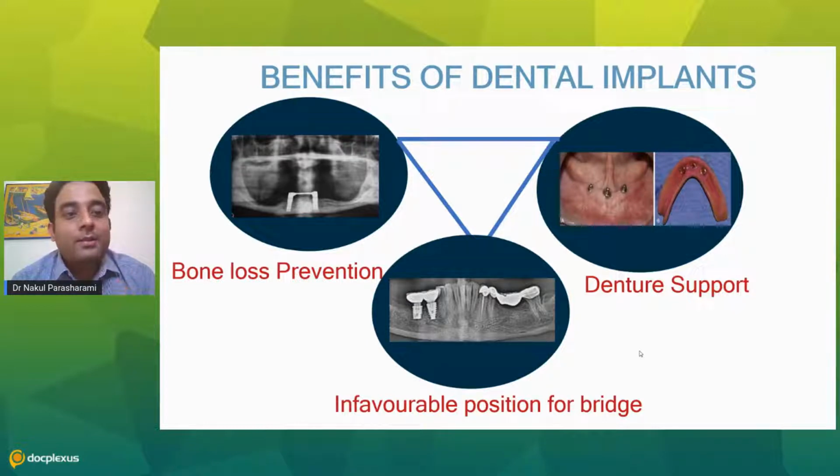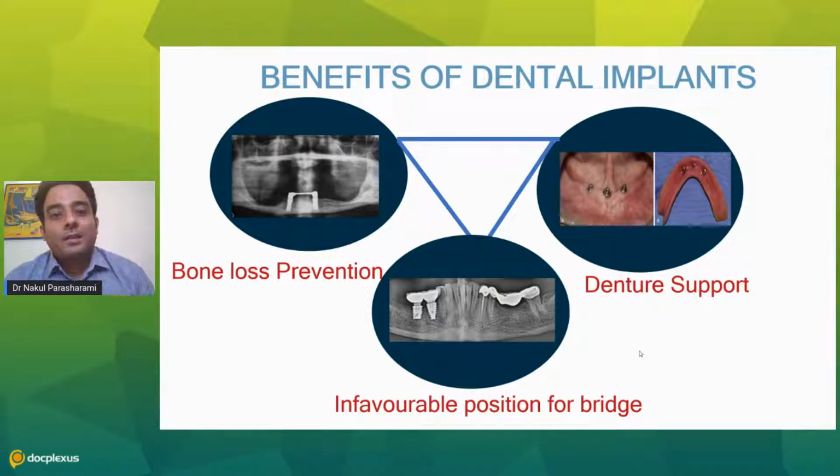The implant keeps holding onto the bone, and as you start moving posteriorly, you can see a clear-cut drop in the level of bone. This is because there is nothing for the bone to hold on to. This is one of the biggest advantages that dental implants can provide.